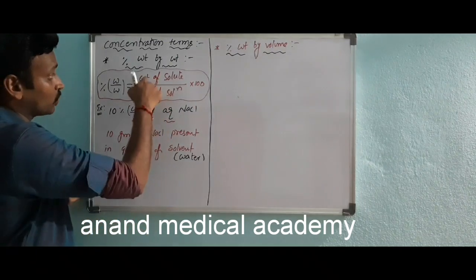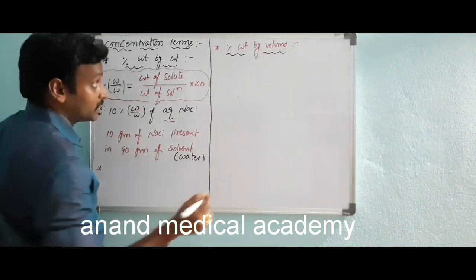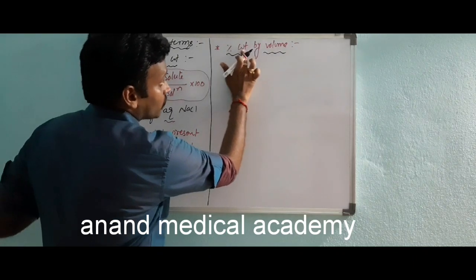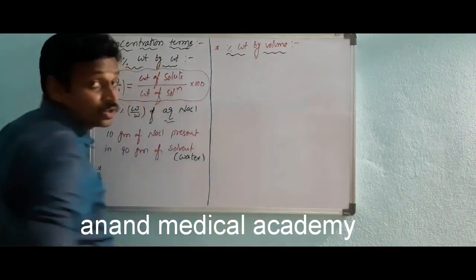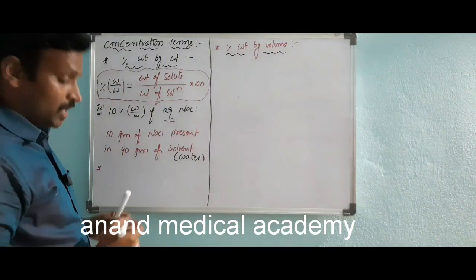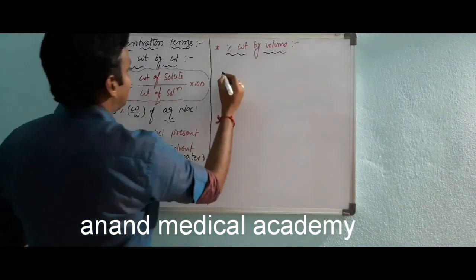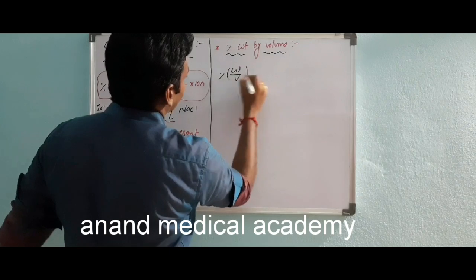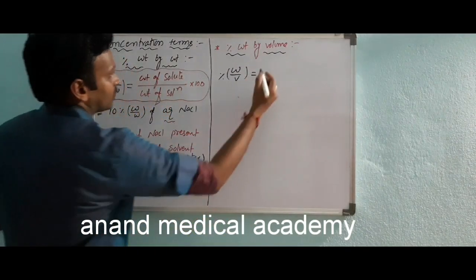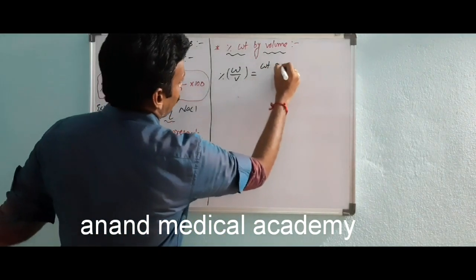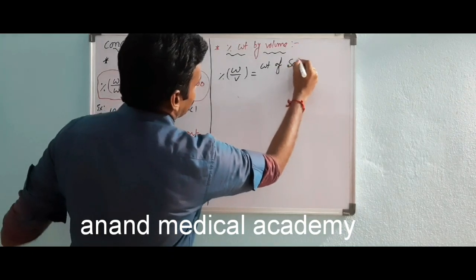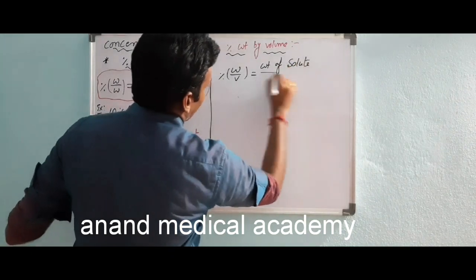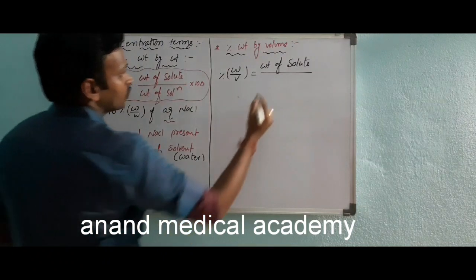Both are weights. But here, we have the weight of solute and the volume of solution. So percentage weight by volume you can write like this: weight of solute by volume of solution into 100.